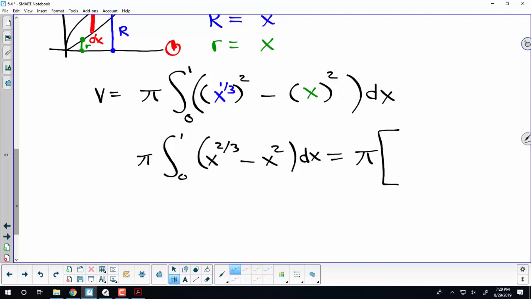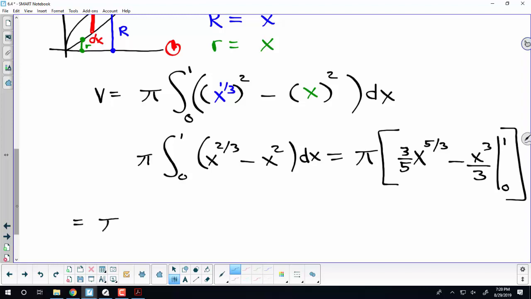The antiderivative of x to the 2/3 is x to the 5/3 times 3/5, minus x cubed over 3. So the bounds are really simple. We have just pi times 3/5 minus 1/3, which is also 4 pi over 15.